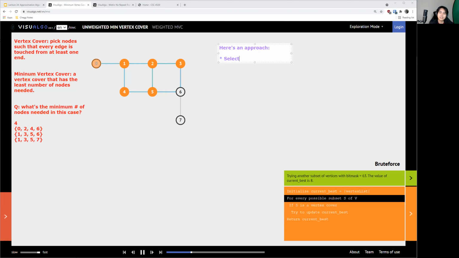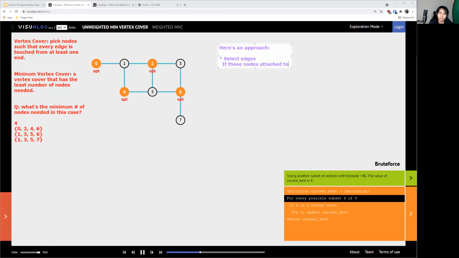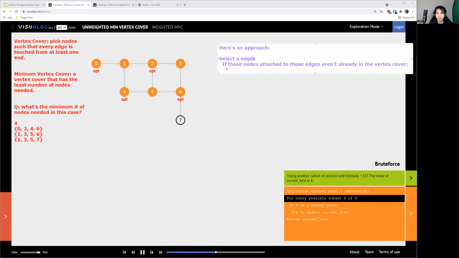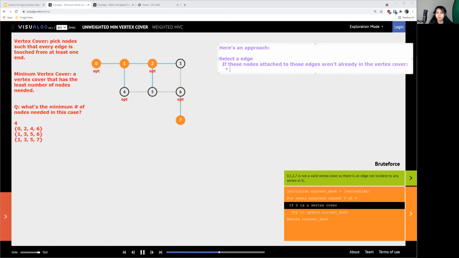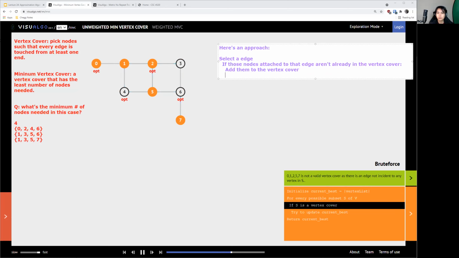Why don't we just select an edge, and if the nodes attached to that edge aren't already in the vertex cover, add them to the vertex cover, and then remove any edges that those nodes touch.